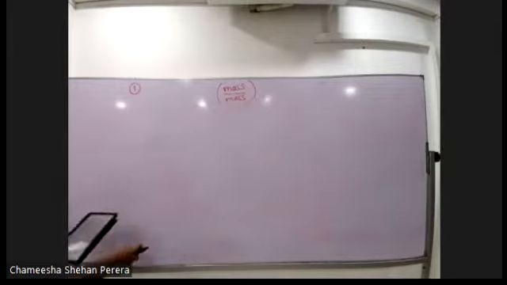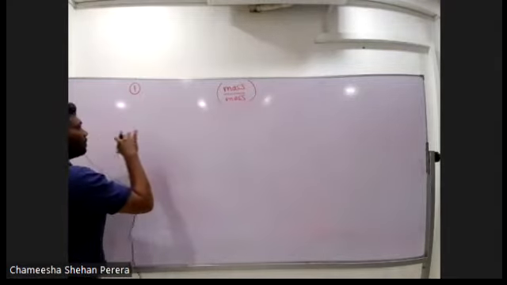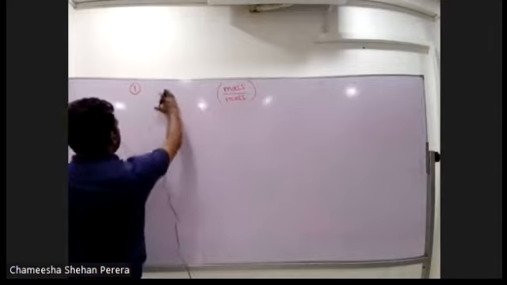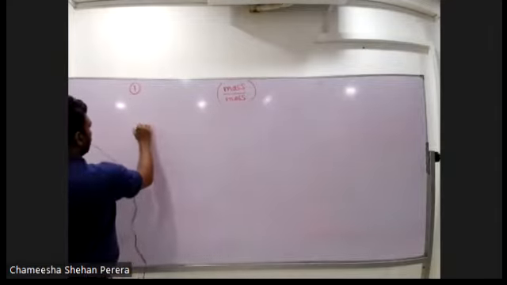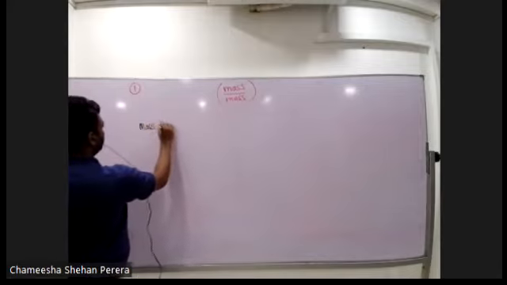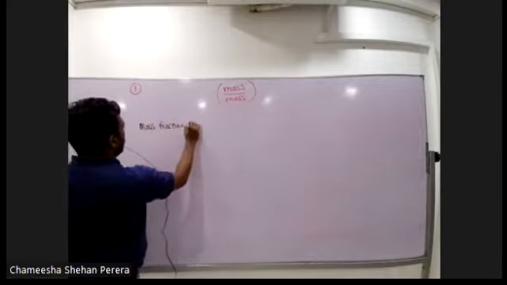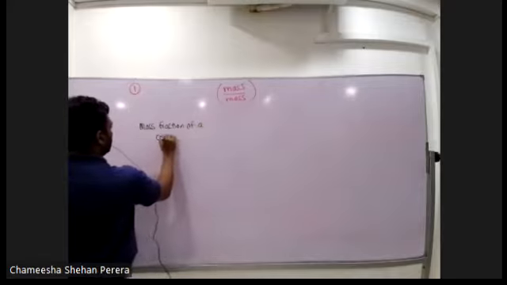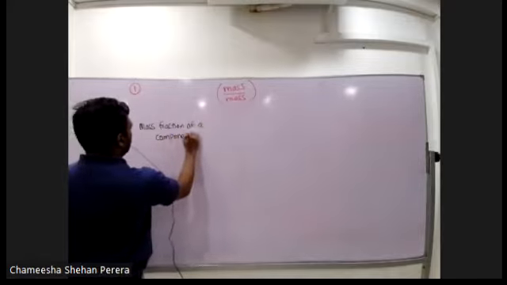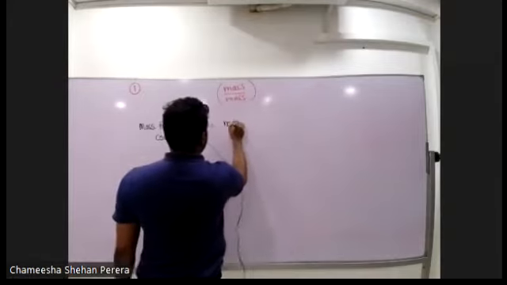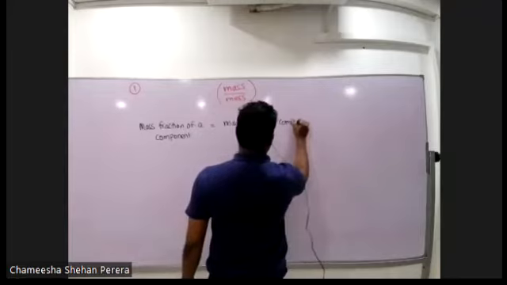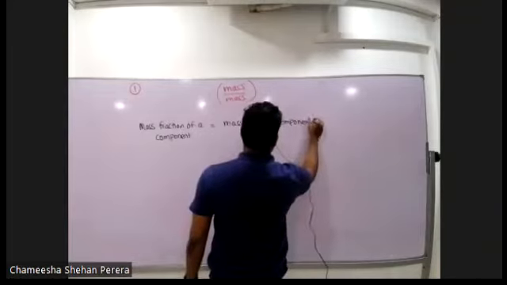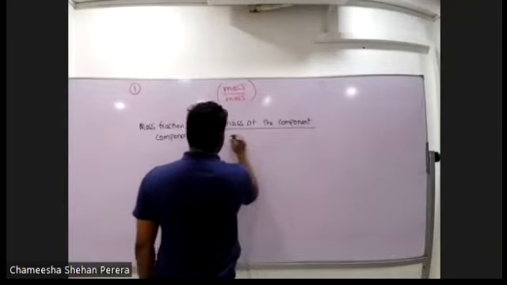So we have a general equation to indicate the composition of a mixture in terms of mass fraction. Mass fraction of a component equals mass of the component divided by the total mass of the mixture.